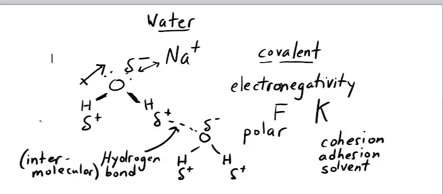And if you have a negative ion like chloride, well, it's going to be attracted to the positive pole of water. So if you put a salt crystal in water, the water is going to rip the salt crystal apart. It's going to dissociate because the ions are attracted to the different parts of the water molecule.